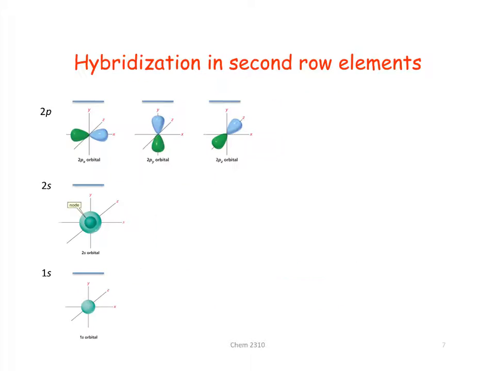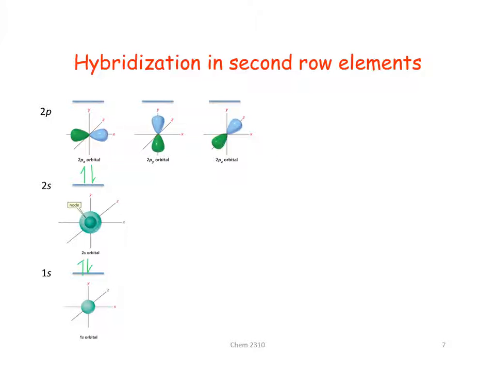Okay, so here's all of the orbitals that we have. And for carbon, we could put our electrons in here. We have 1 electron here in the 1s. We have 2 electrons there. We have an electron here. So if we were going to do this, we'd pair those up.